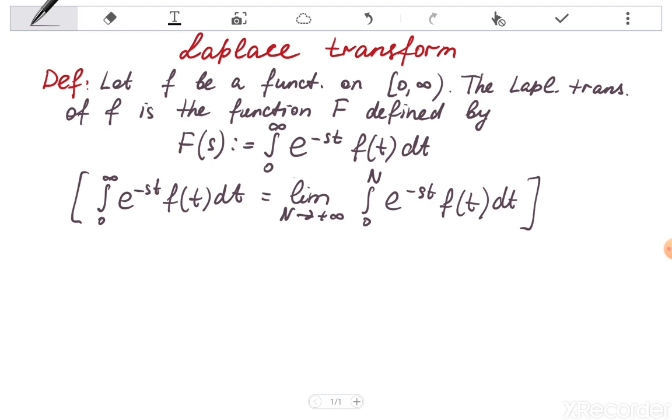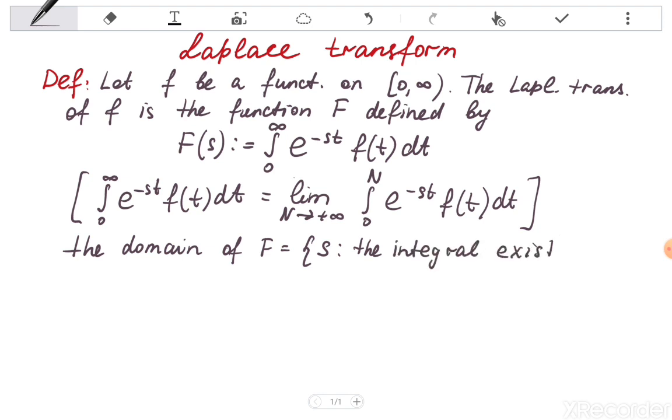And so we can see that since we have a limit here, sometimes this limit may exist, sometimes it may not exist. So the values of s for which the integral exists is called the domain of this Laplace transform. The domain of F is the set of all values s such that the integral above exists.